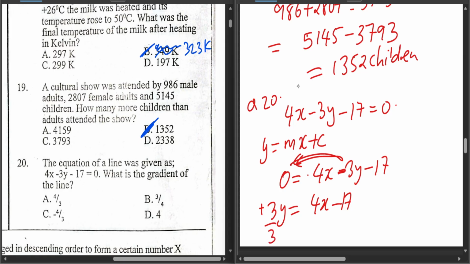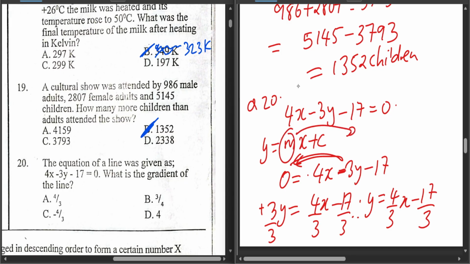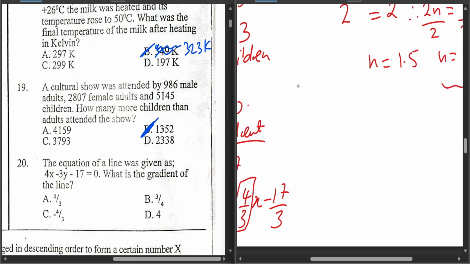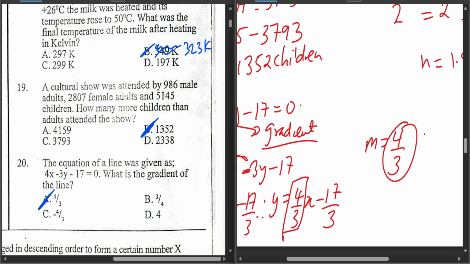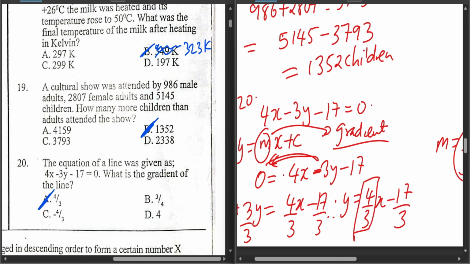Then divide by 3, and therefore y is equal to 4 over 3 x minus 17 over 3. Now your gradient is basically m. The m is the one behind the x, that is the gradient. So your m is 4 over 3, or your gradient is 4 over 3, which is this one. Okay, that is question 20 done.